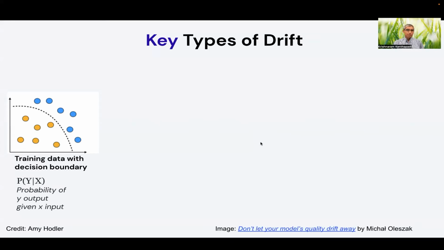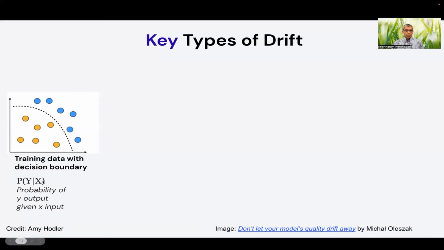For example, here is a model which is represented in a 2-dimensional space with perhaps say 2 features. The blue and yellow correspond to the labels of the model, 2 different classes. And here is the decision boundary and the training data that is used to train the model.